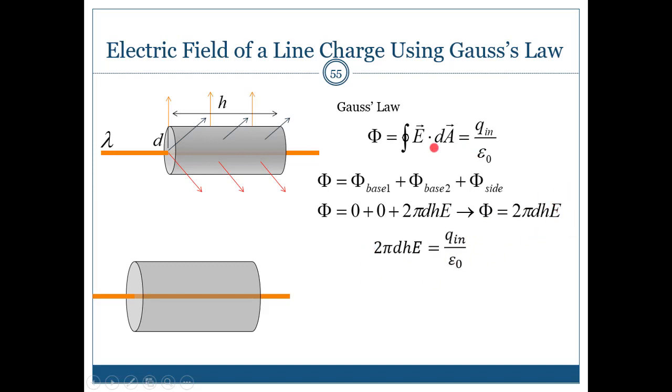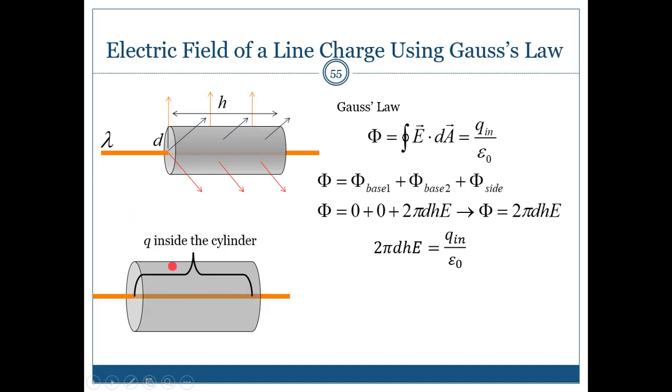Wonderful. So 2 pi dhE equals q in over epsilon 0. Great. What is Q in? It's the charge in my Gaussian surface. So looking in a transparent picture like this one, here is the charge that is inside my cylinder. The charge that my cylinder encloses.